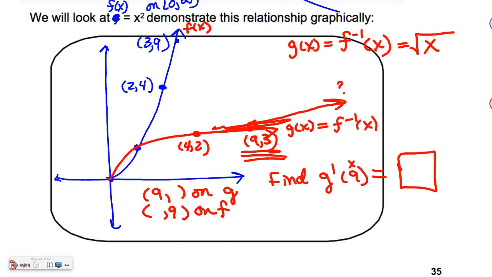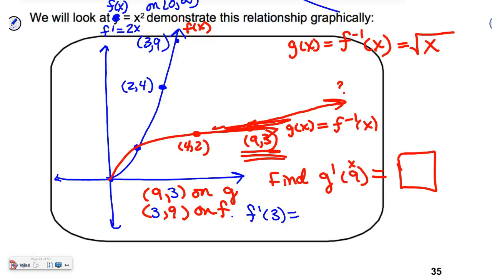Obviously 3. Okay, you will find those. It'll be very easy. It'll probably be handed to you more than half the time. So there's your corresponding points. That's your first step. Get the pair of corresponding points. Then you're going to find the derivative on F. You're going to find F prime of 3. It'll be easy, just like on this one. If F is x squared, what's F prime?